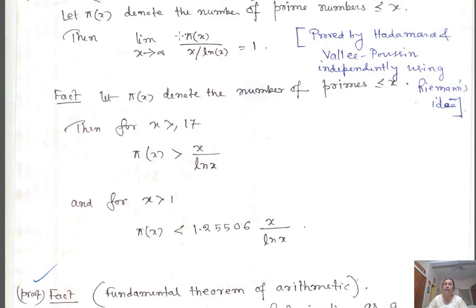As x tends to infinity, this limit is approximately 1. For some values of x it is greater than x/ln x, and for some values of x it is less than this value. So this factor is also very important, how to reduce it.